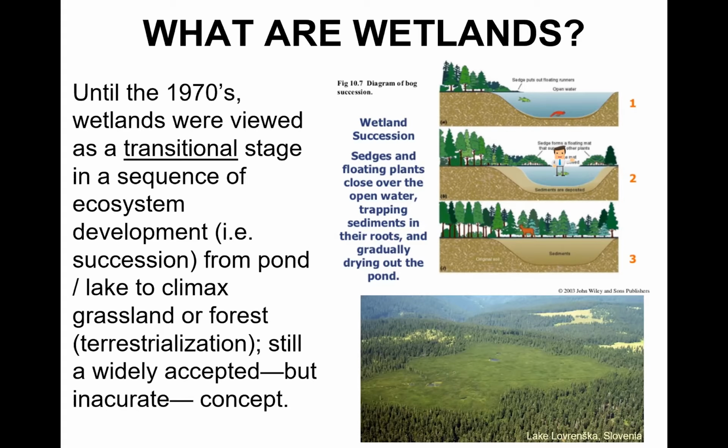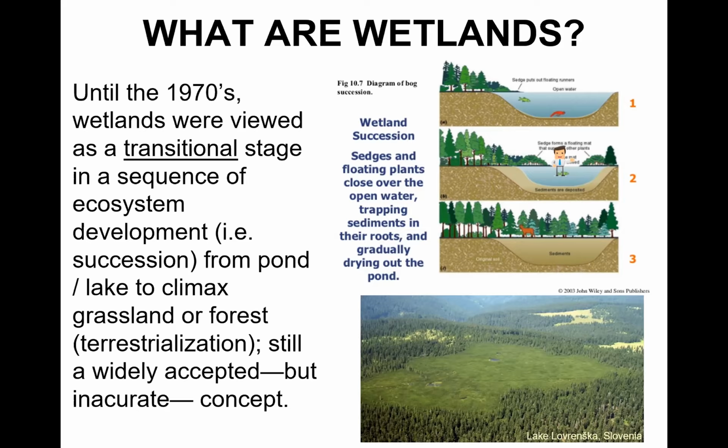And what that refers to is wetlands being considered transitional between say a lake and an upland forest. So we're talking about successional processes where a pond initially filled with water or a lake filled with water gradually fills with plant debris to a point where at some time in the future it no longer is a wetland.